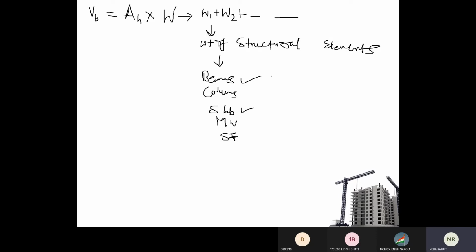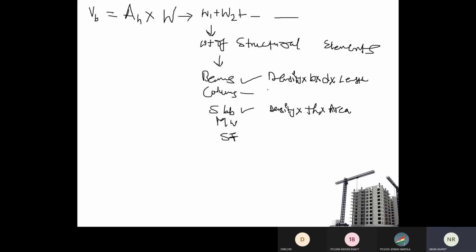you can find by density into cross section into length, and slab will be density into thickness into area of slab.